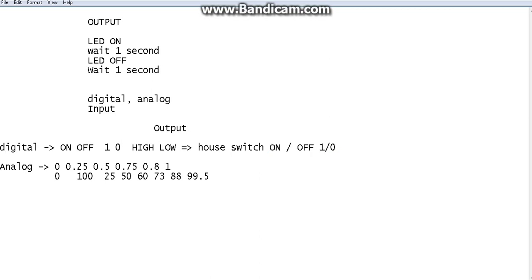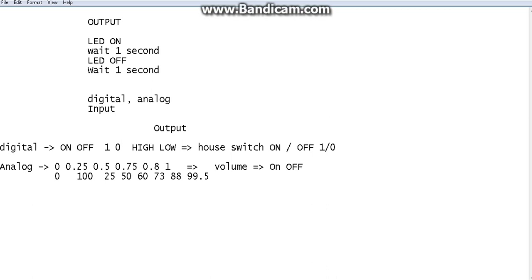So this is one example. There are so many examples for digital. Can you tell an example for analog? Volume. Volume of your radio. Volume of your television. Volume of a song. Can you tell me, if I ask what the volume is, can you say on, or volume is off?